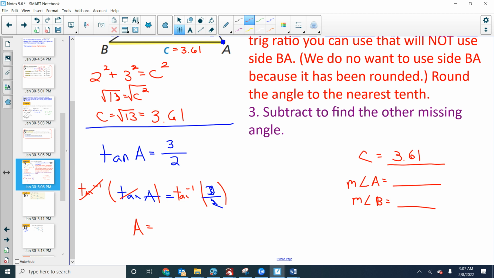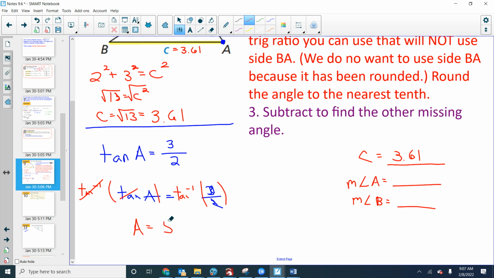Second, tangent, 3 divided by 2. And I noticed some of you are using the a b/c button. Don't. Actually type in 3 divided by 2. Okay, 3 divided by 2. Tangent inverse of 3 divided by 2, I'm getting 56.31 degrees.